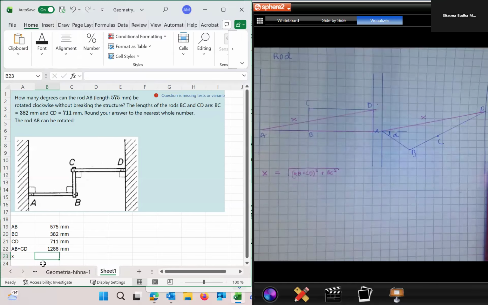And then I would write it here: square root of AB plus CD, squared, plus BC, squared.